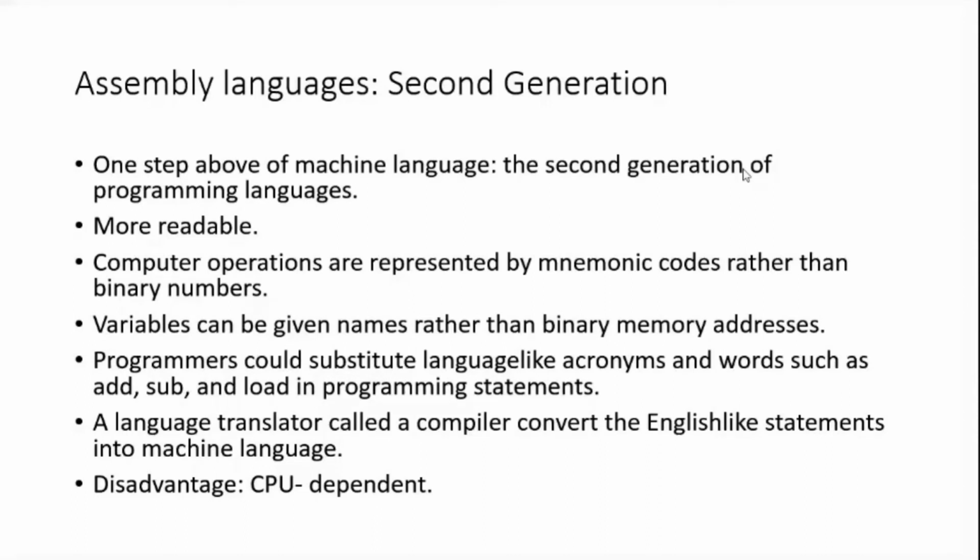So in the assembly language, the programmers could substitute acronyms and words such as add, sub, and load in programming statements. So these types of mnemonic codes can be used in assembly languages, like add, subtract. Add is for addition, sub for subtraction, load for loading a specific program, etc. So a language translator called an assembler converts the English-like statements into machine language.